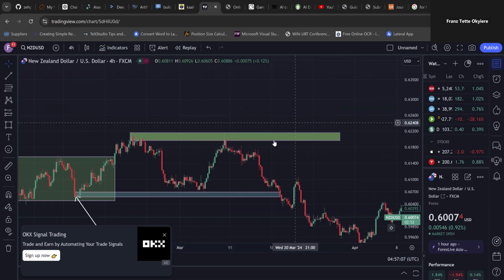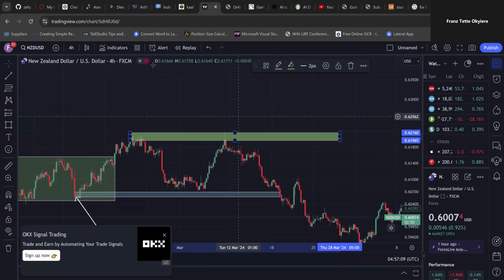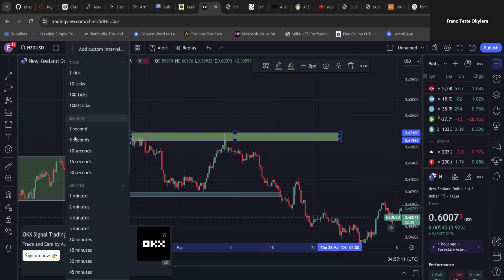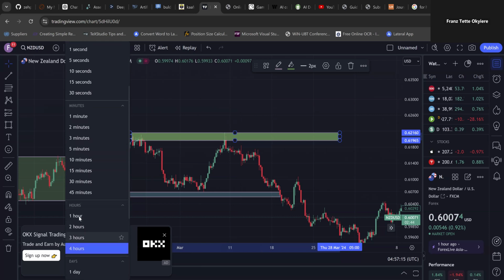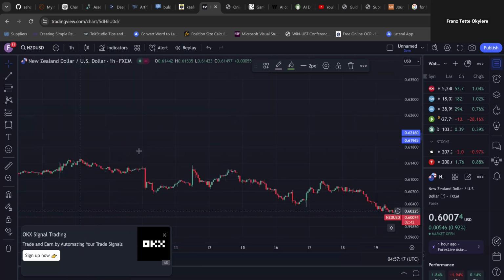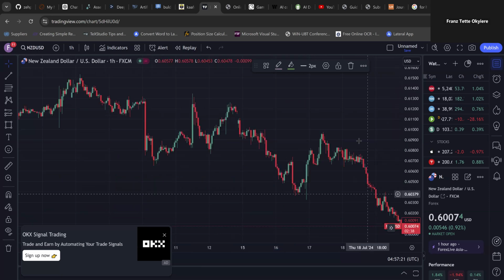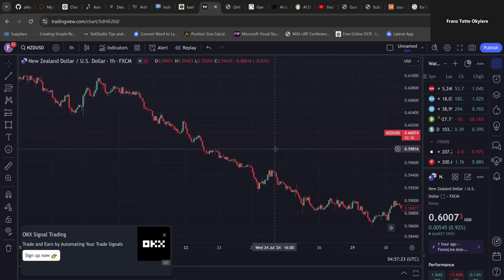So I can make it smaller by going into the 1-hour chart and reducing it, because that candle up there will be broken into about 4 parts in the 1-hour chart.